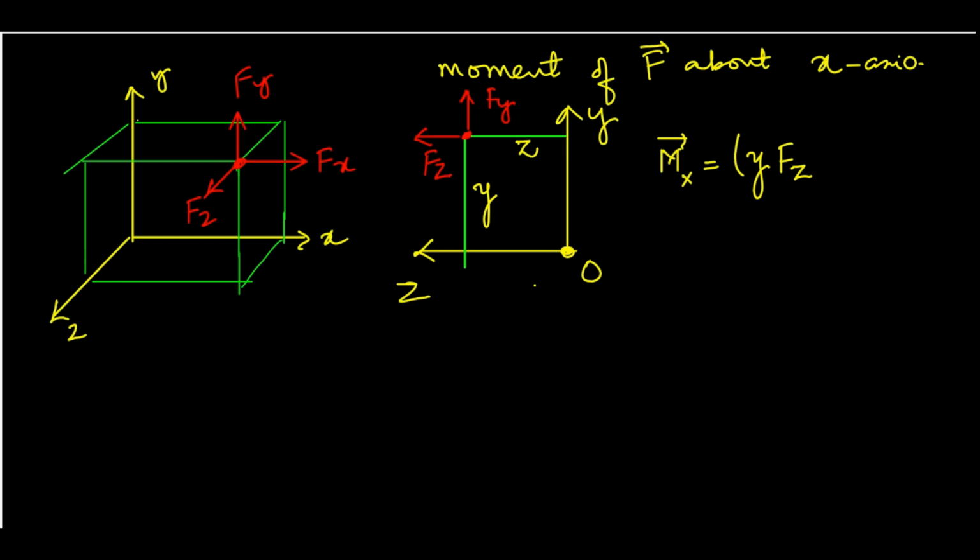Again, here also right hand rule, your thumb is now pointing upwards out of the plane of the paper for y times Fz, and then minus because your Fy is causing a clockwise moment about the origin. Okay. Times I cap.